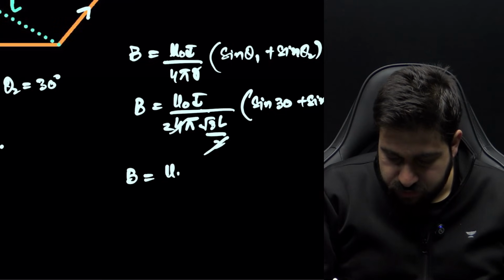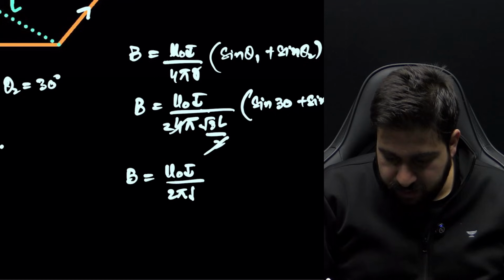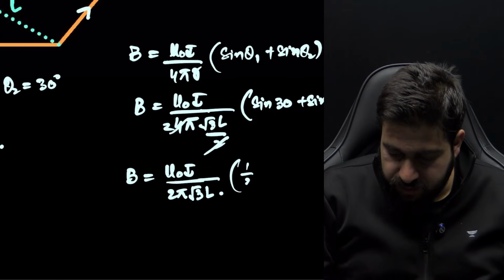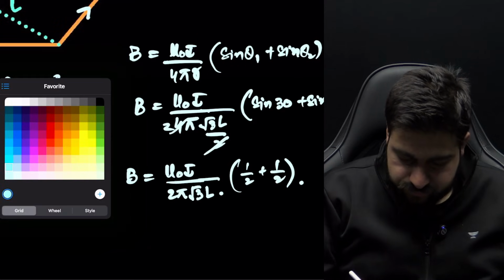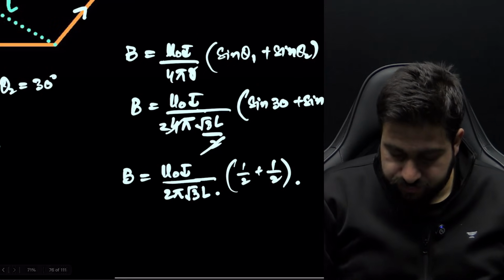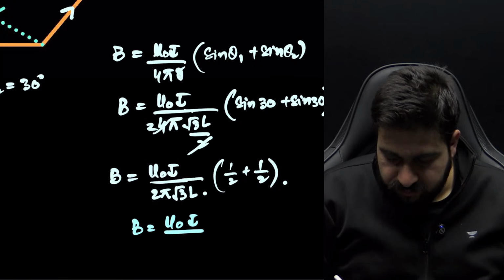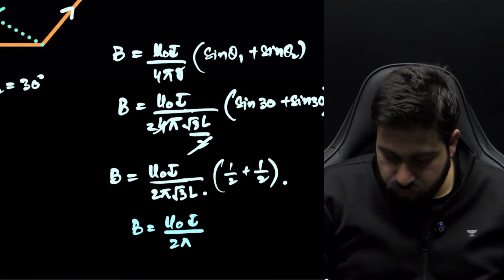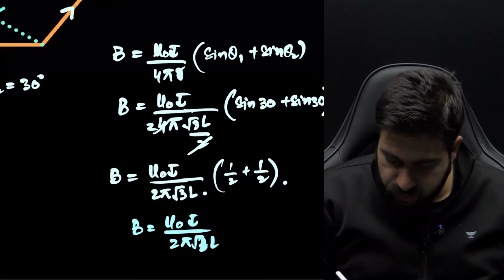B will be equal to mu naught I divided by 2 pi root 3 into L. Sine 30 is 1 by 2 plus sine 30 is 1 by 2. So B will be equal to mu naught I divided by 2 pi root 3 L, and this is for one wire.